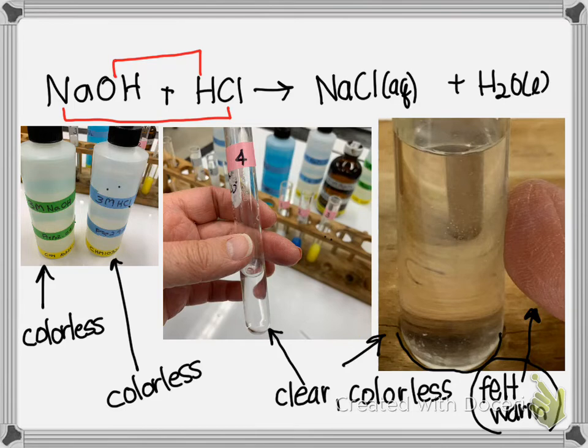Because just visually, I didn't see changes in color like I had on the rest of them. But this is an acid-base reaction, which we talked about in a previous chapter. And sometimes you can't see it visually what happened, but oftentimes when you react an acid and a base, they can give off heat.